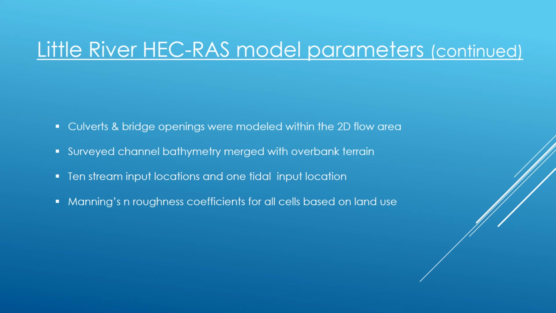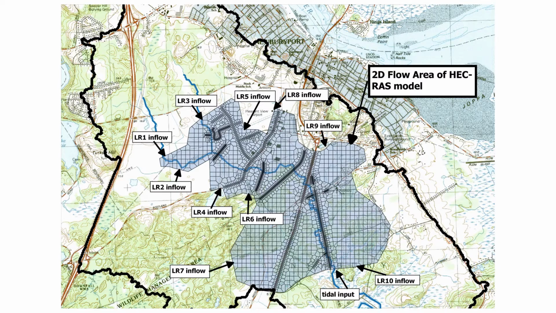And also part of the model is Manning's n roughness coefficients for all cells. This shows where I input flows into the 2D flow area, the 10 areas, and the 1 tidal input area.